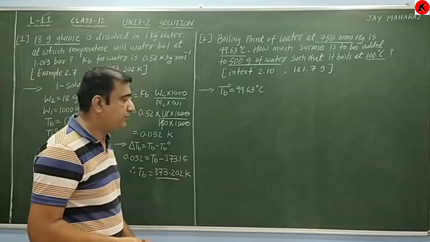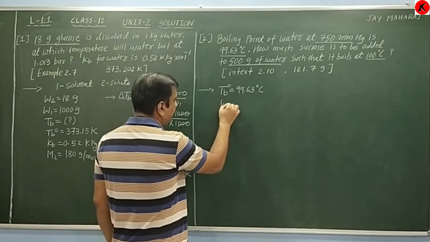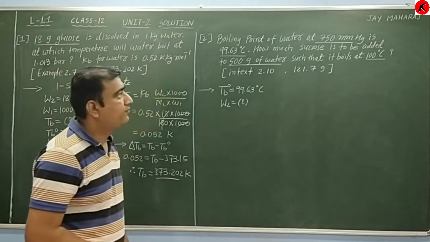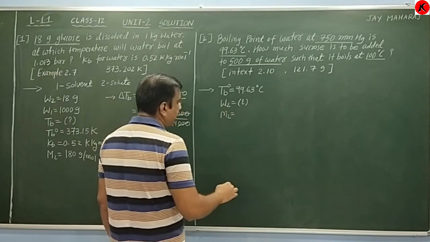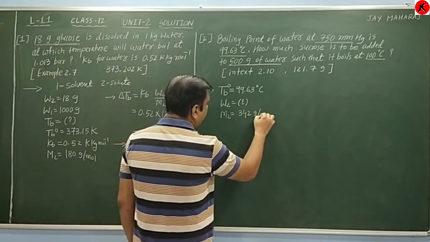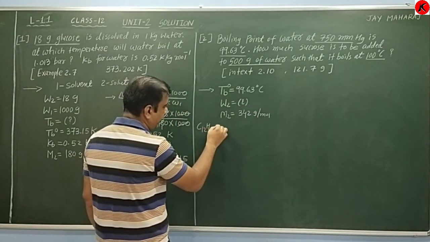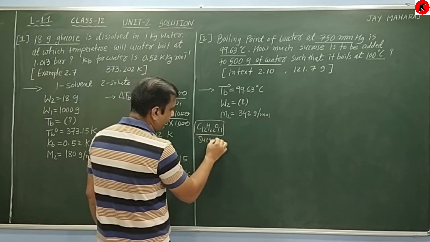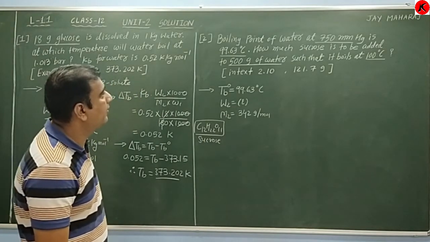How much sucrose is to be added? That means sucrose is the solute, and we have to calculate the mass of sucrose, that means W2. Sucrose has the formula C12H22O11, and its molar mass is 342 gram per mole.